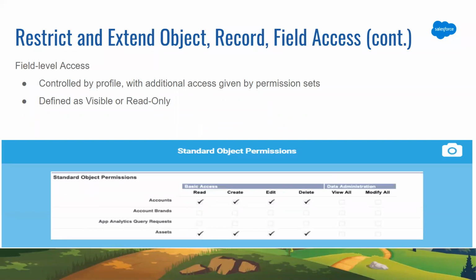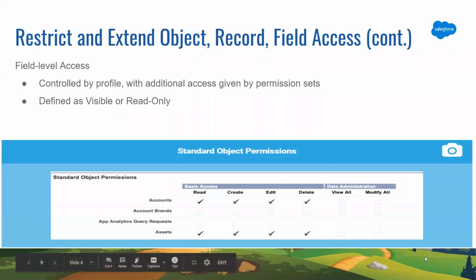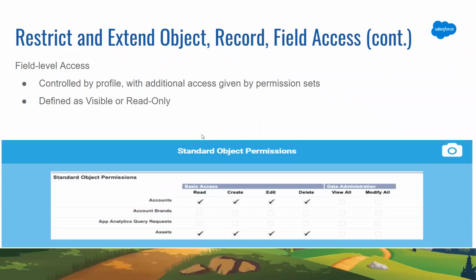And then the final third one is the field level access, which is controlled by the profile, but you can give additional access with the permission sets. And on this section these are defined as view all, visible, or read only.